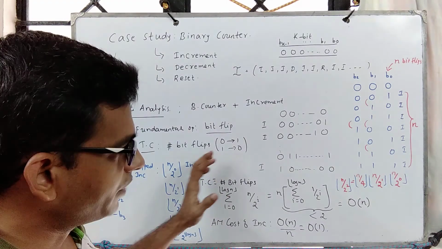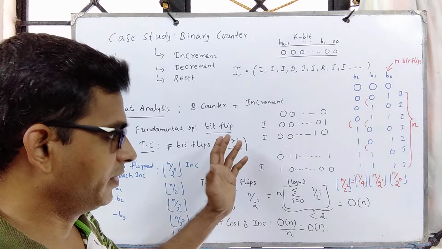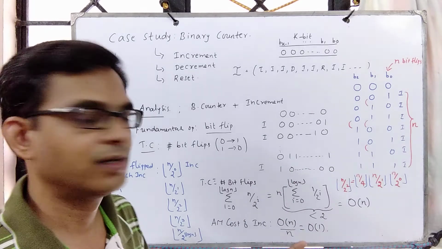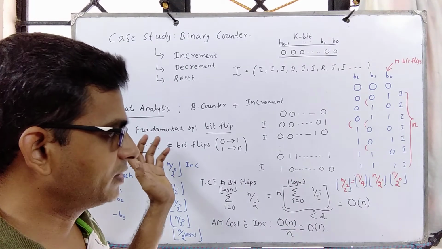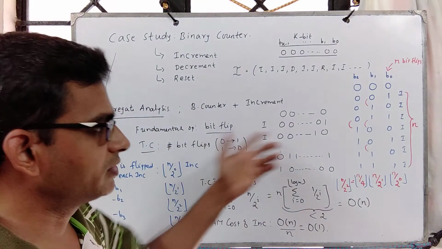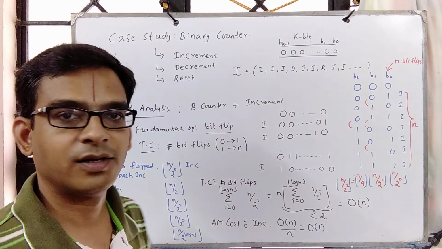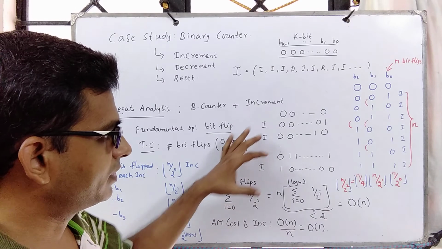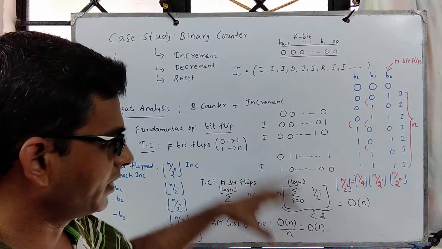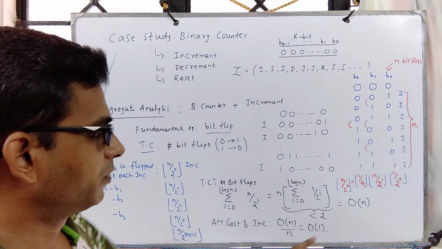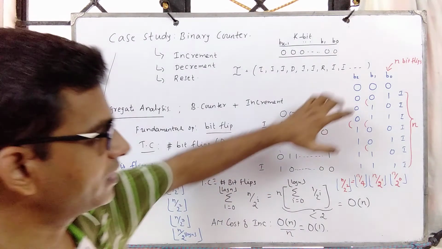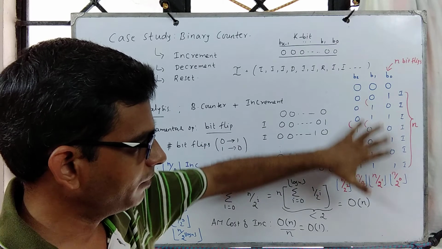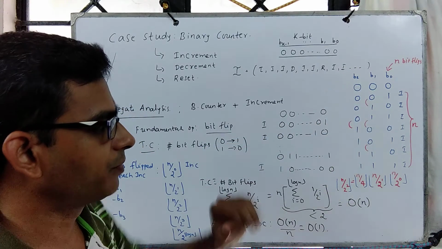When we say sequence of operations, even if the sequence are same, for example in this case it is all increment, the first analysis is pretty loose, that says order nk divided by n, order k. But a relook, a micro level analysis tells you that it is constant. So what is it that we did? We actually focused on the fundamental operation, which is bit flip, and we counted how many bit flips are happening at each column.